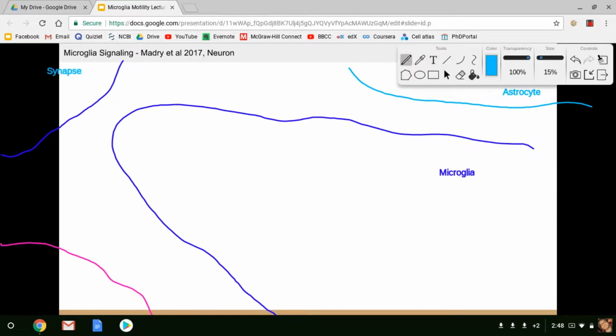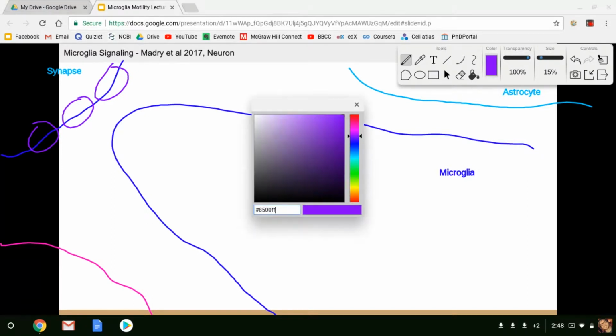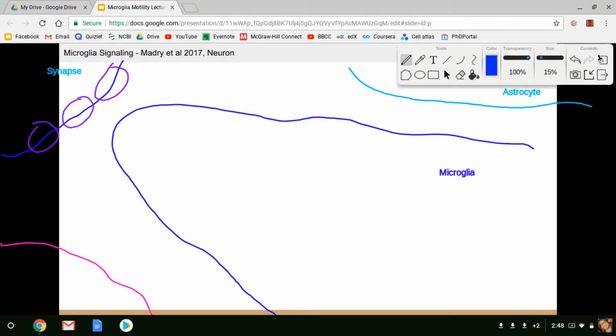So, synapse. We know synapses have lots of receptors. So these are different receptors on the synaptic membrane. And these receptors are glycosylated, right? They have these carbohydrates, these sugar chains attached. And these sugar chains are called sialic acids.